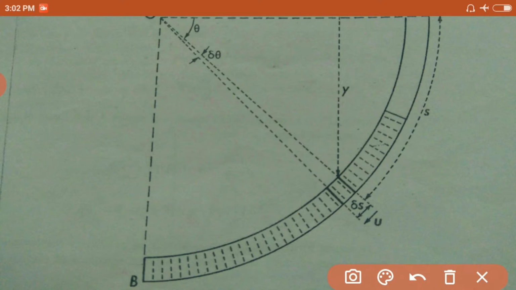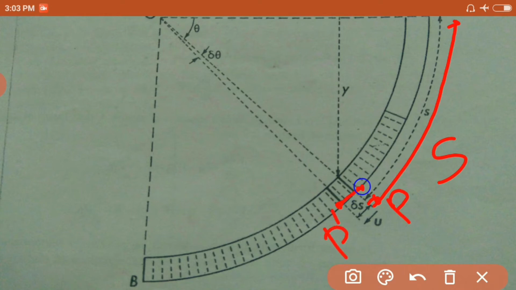In the figure, arc AP is S. Here is a point A. From this arc AP, here is a point P. This distance is S. And this point is P dash.